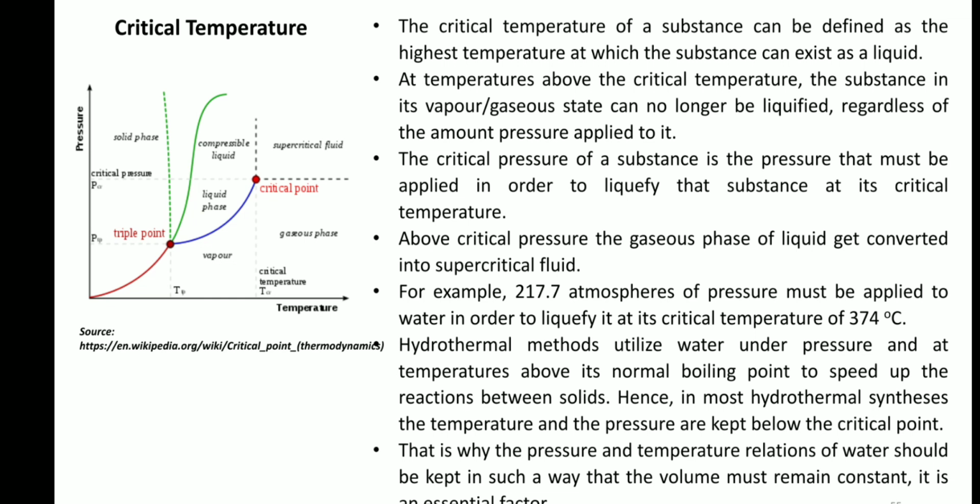The critical temperature of a substance can be defined as the highest temperature at which the substance can exist as a liquid. So this is the highest temperature where the substance can be present in the liquid phase.